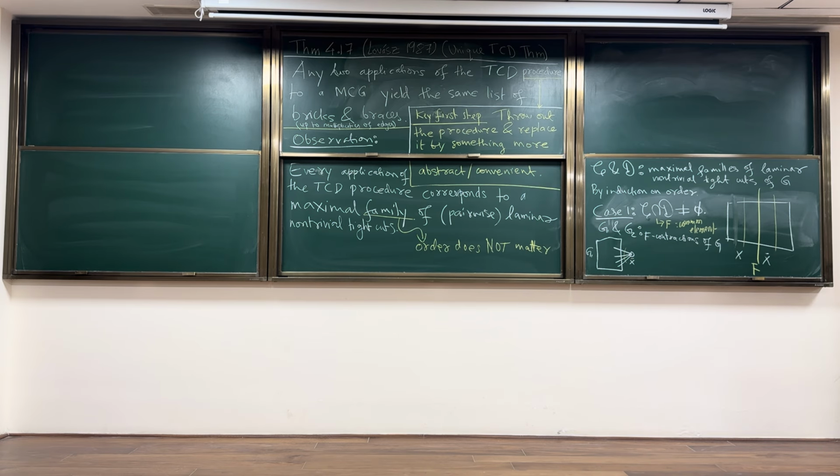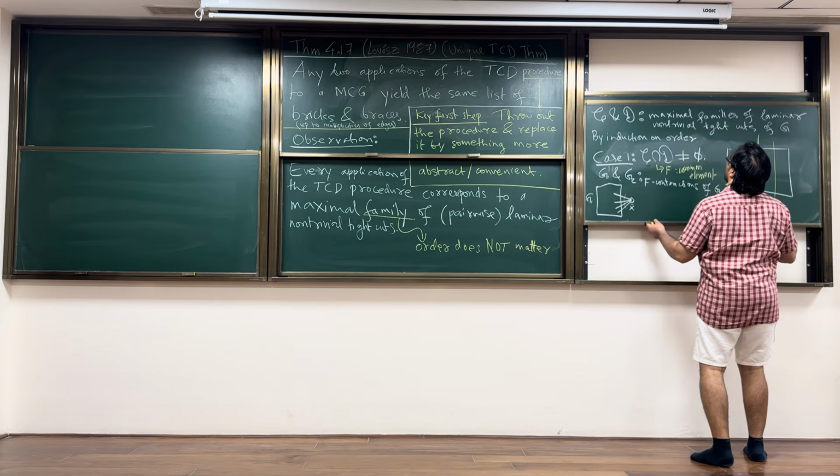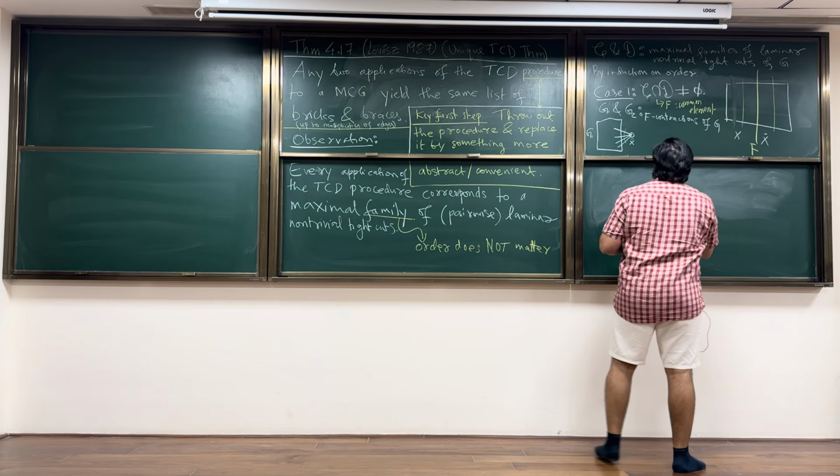Therefore, because these are smaller graphs, by the induction hypothesis, C1 and D1 are equivalent. Remember, two cuts are equivalent. Maybe I should write down that point. That's a reminder from last time.